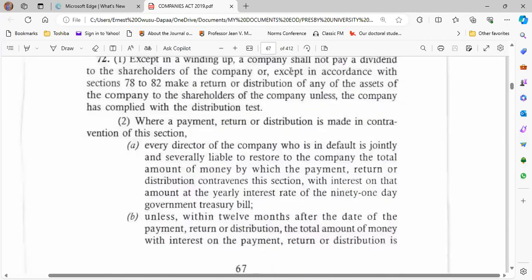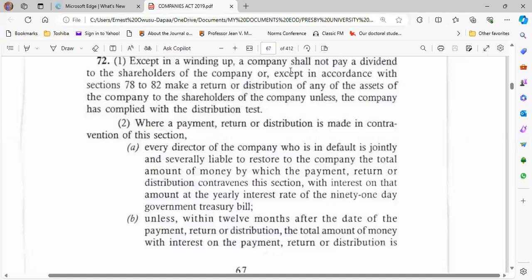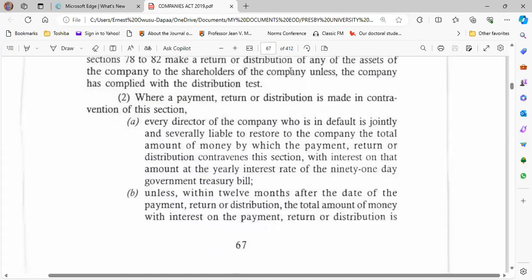So the point being made is that part of the distribution test means that the amount of money the company is going to pay as dividend should not be equal to the retained earnings, should be at least somewhat less than the retained earnings. So that is a general principle which governs legality of payment of dividend.